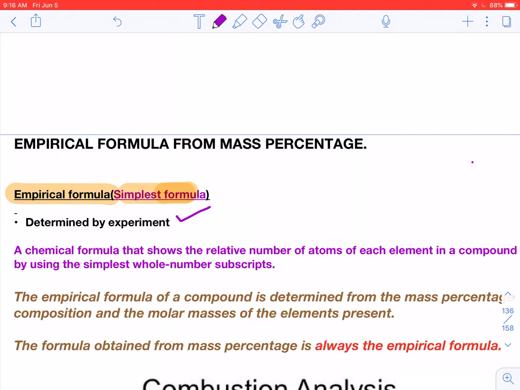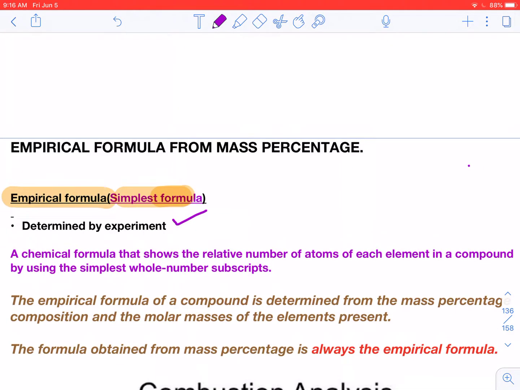And here, what does the empirical formula do? It shows us the relative number of atoms of each element in a compound using the simplest whole number ratio. Simplest whole number subscripts, right?